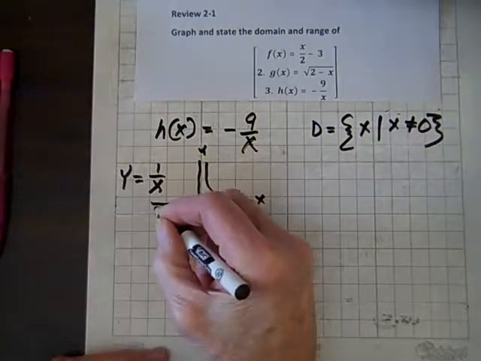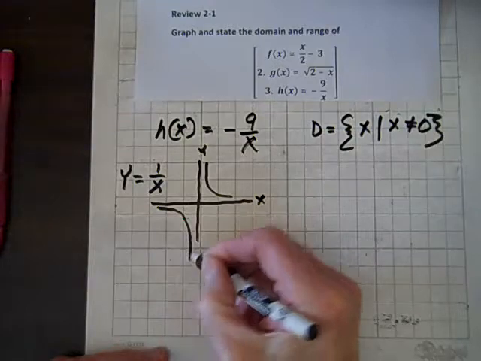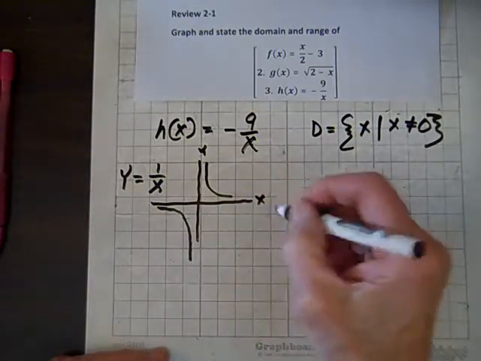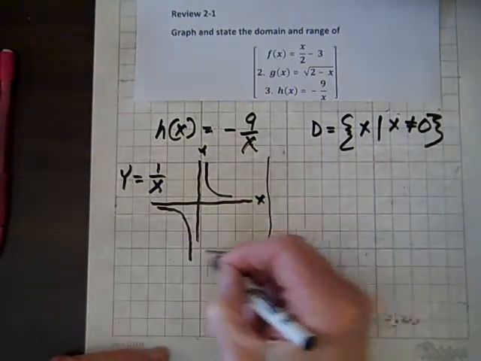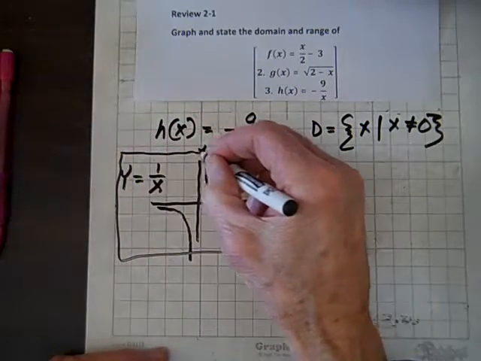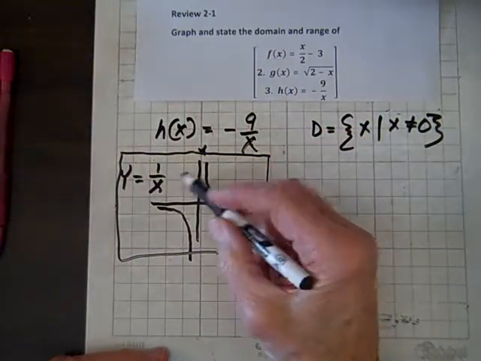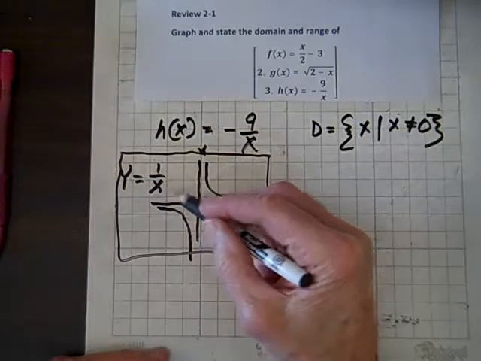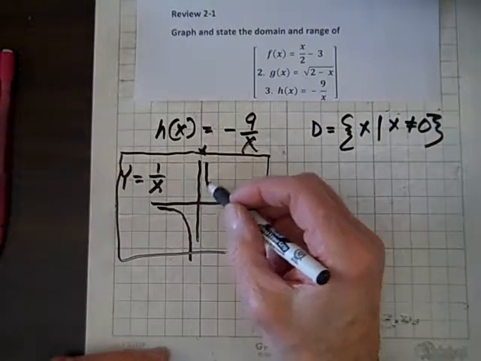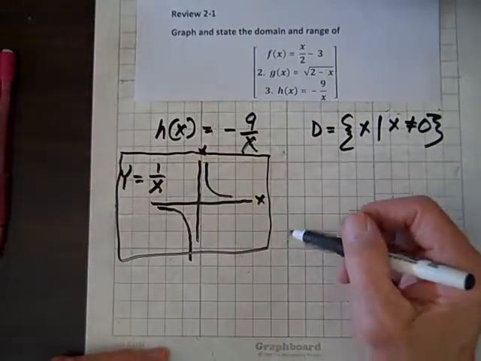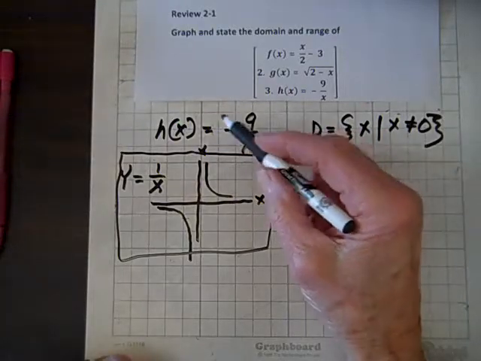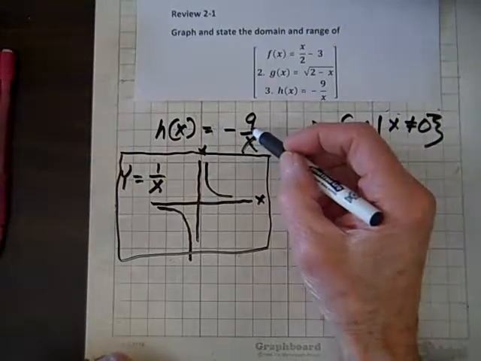It's a hyperbola. By the way, that's the graph of this guy right here. And will you agree here the domain is all reals but 0, and the range is also all reals but 0?